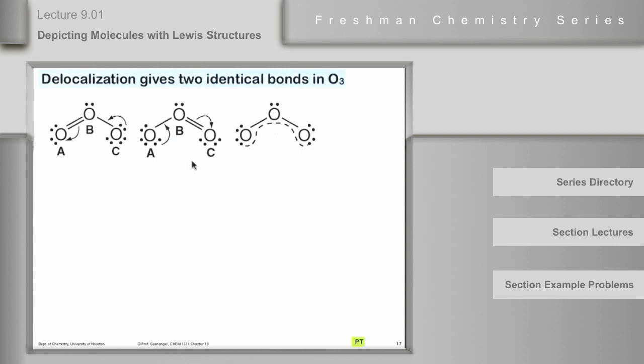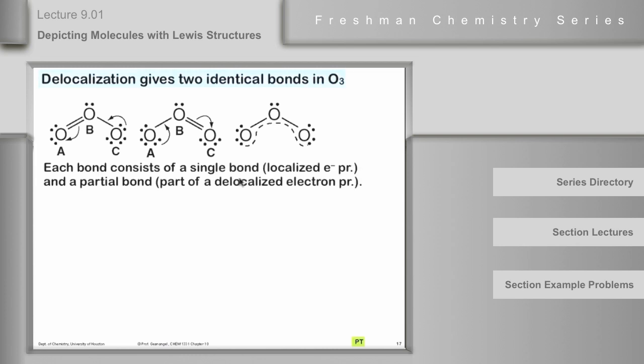If that wandering pair of electrons in the middle spends half its time here and half its time there, that'll make these two bonds completely equivalent, right? And each one of them will consist of a single bond, a localized electron pair, and a partial bond, which is a delocalized electron pair. Okay?